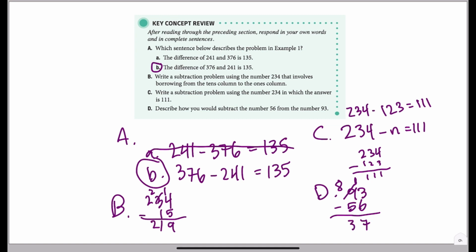And of course, what they were asking for was to describe it. So I might say what I just said, but in words. So borrow a 10 from 90.